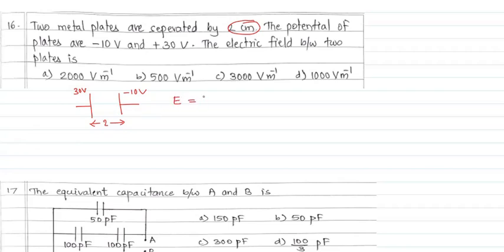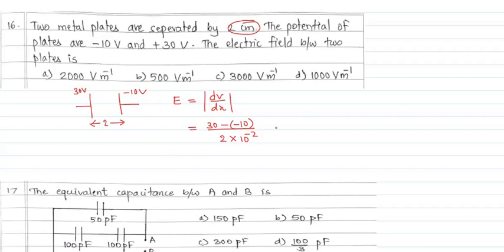So relation between E and V we know. In options all are positive, so I will take the magnitude of dV by dx. dV means difference in potential, that is 30 minus of minus 10. Distance between them is 2 centimeter, 2 into 10 raised to minus 2.